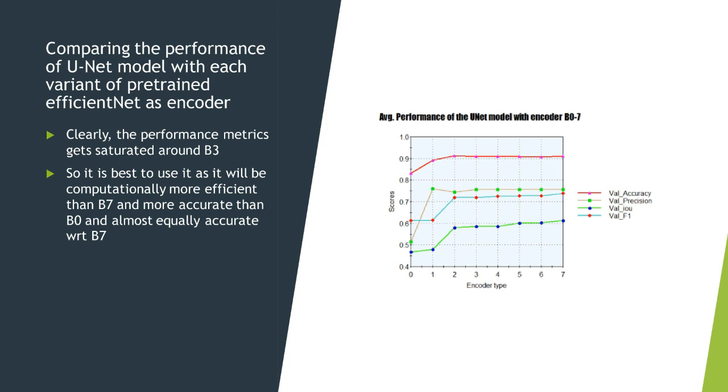So it's better to use the UNet model with EfficientNet B3 as encoder, which is going to take less computation compared to the EfficientNet B7 encoder UNet model, and it will have an accuracy almost similar to the model which has EfficientNet B7 as encoder.